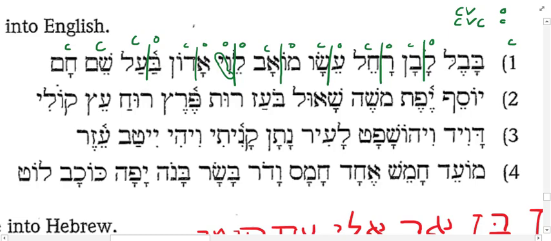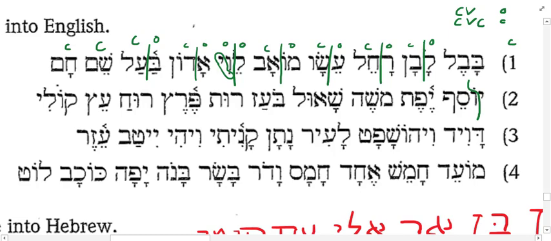So let's go over here to Yosef, number 2, and with number 2 we have a yod, which is a consonant beginning a syllable, and then a holem vav, which appears to be its vowel. Now you might say, well, Dr. Marshall, maybe this is the way to divide it.